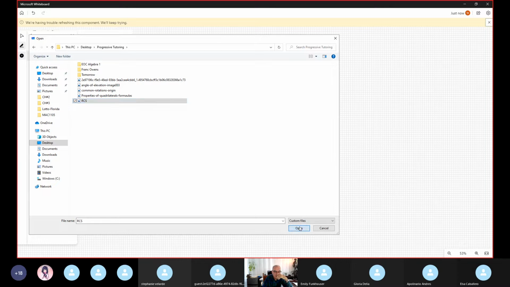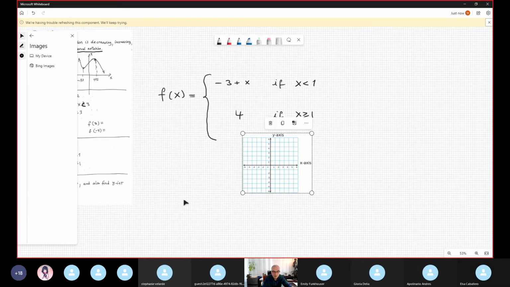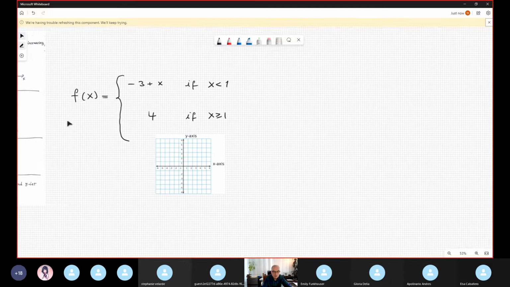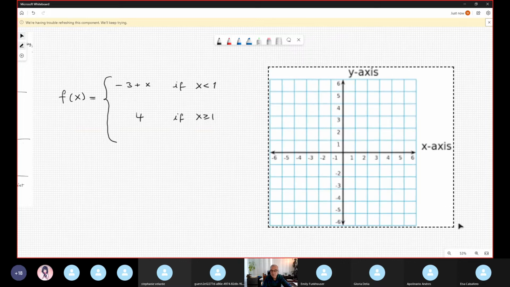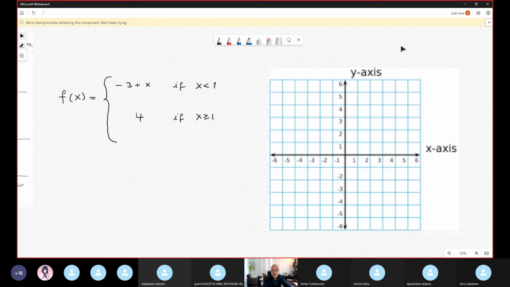This is, suppose on the piece of paper, my rectangular coordinate system. And remember, we are taking the first piece. I copy separately: y equal minus 3 plus x.